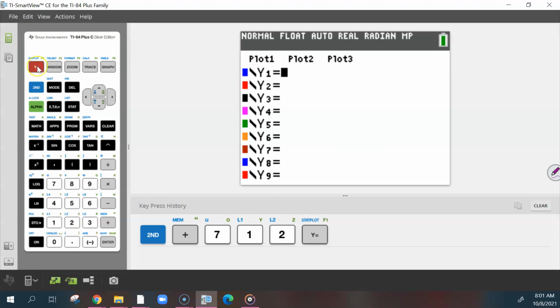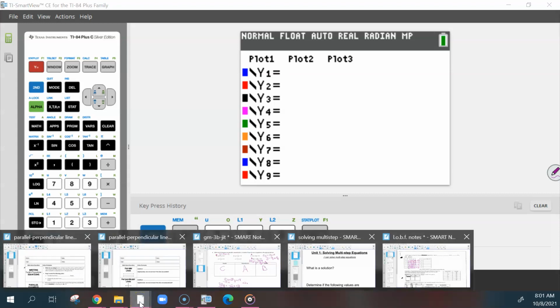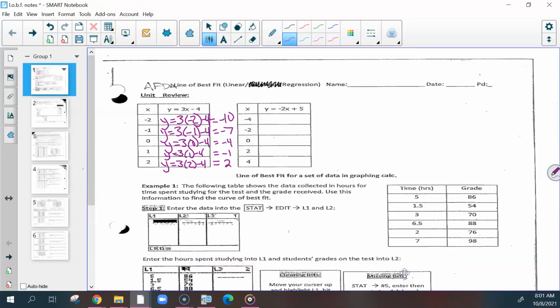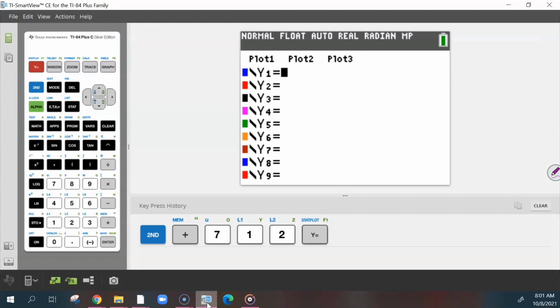And then I'm going to go into my y equals and put in that equation. -2x plus 5, is that what it was? Your x button is right here, next to alpha, or you can use alpha x.